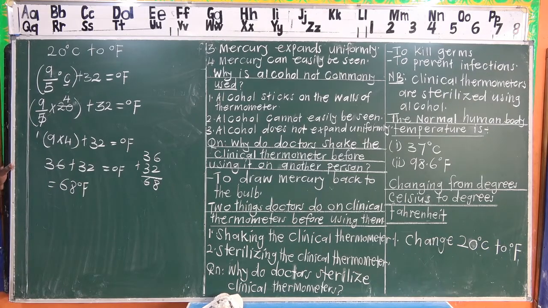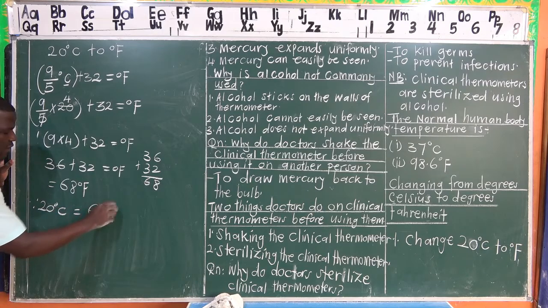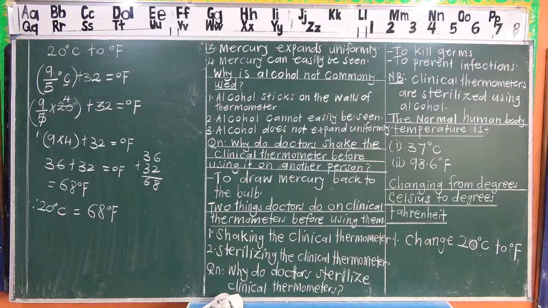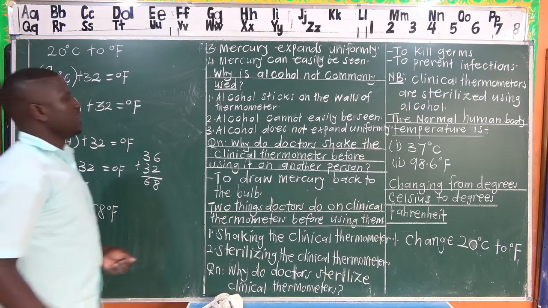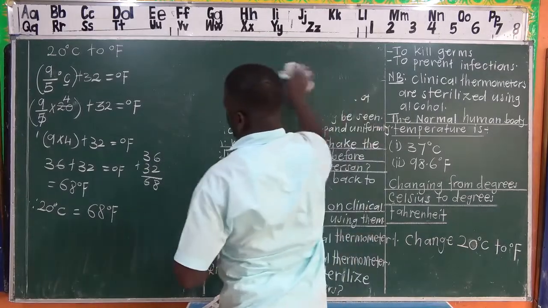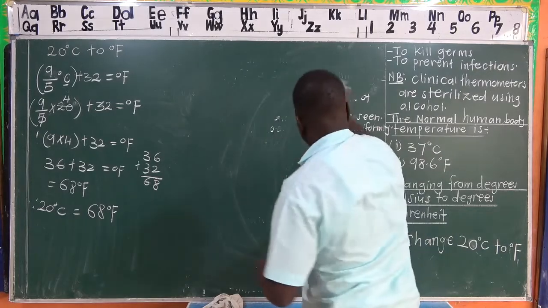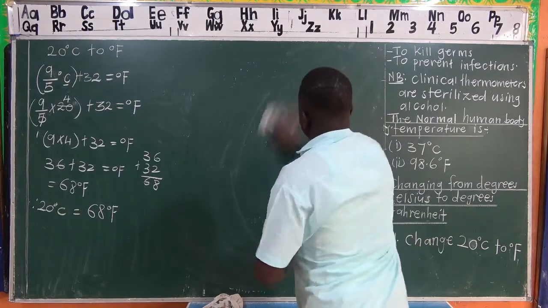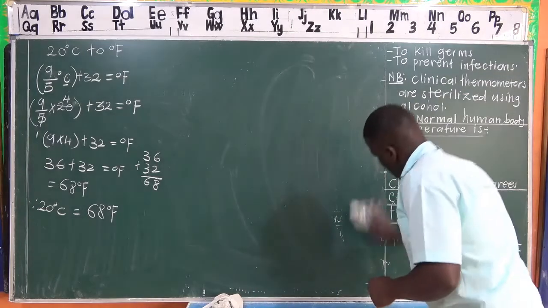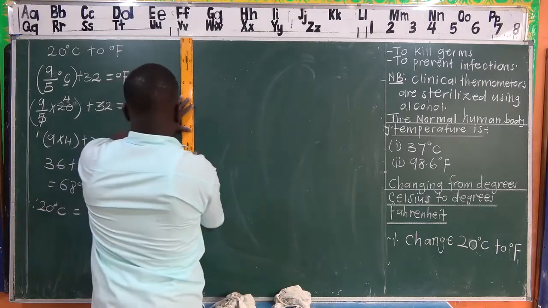Therefore, 20 degrees Celsius is equal to 68 degrees Fahrenheit. That's the formula: 9 out of 5 degrees Celsius plus 32 equals degrees Fahrenheit. Let me give you another example so that you can understand.